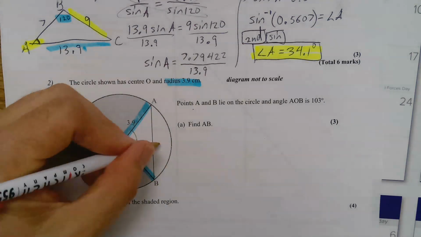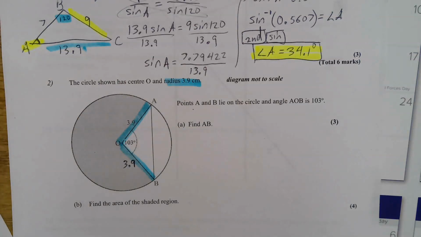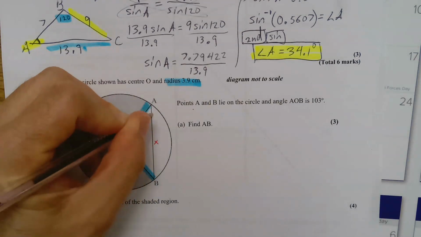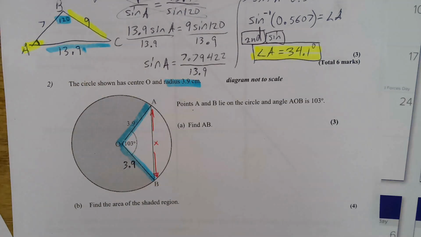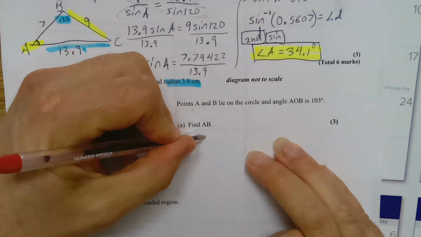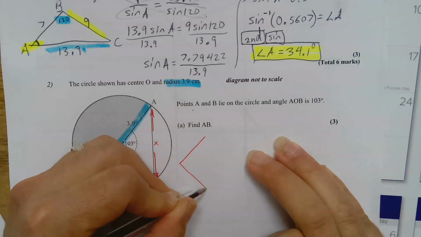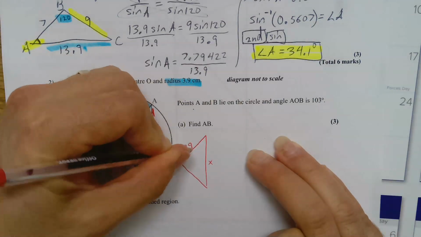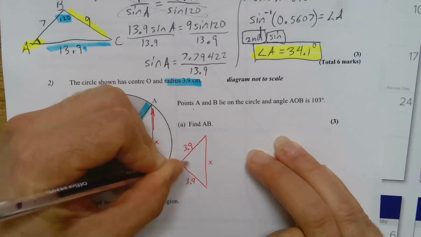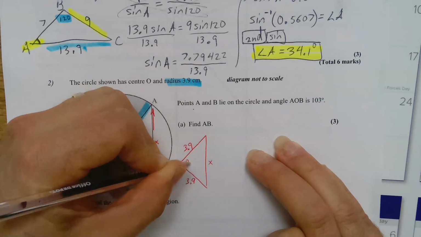Okay. So I'm going to put an X here. We're trying to find this length here. Okay, so if you think of it this way, we've got this triangle, 3.9, 3.9, 103.